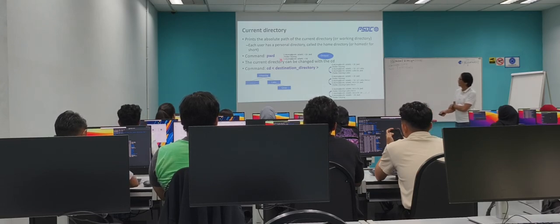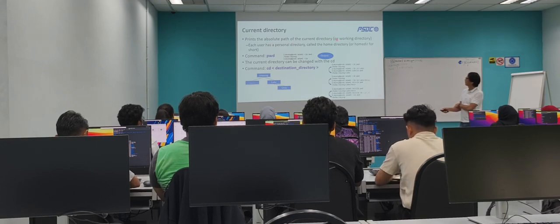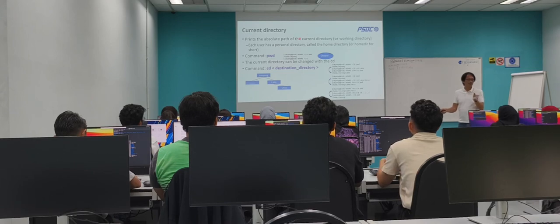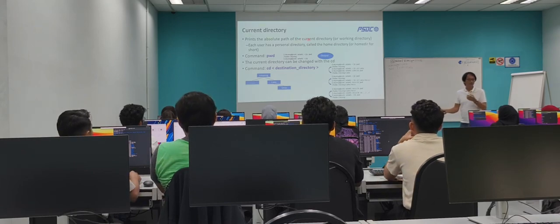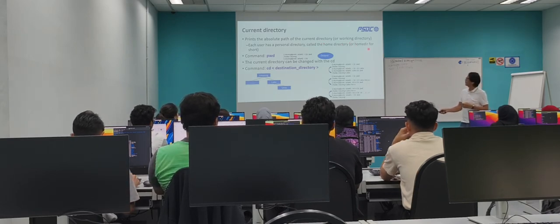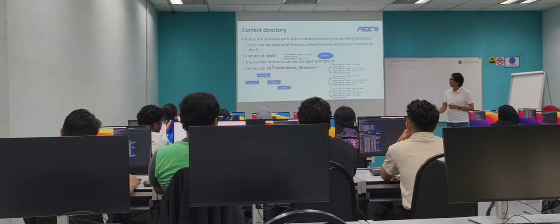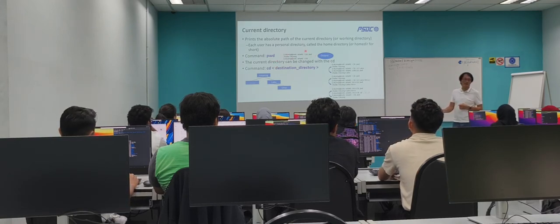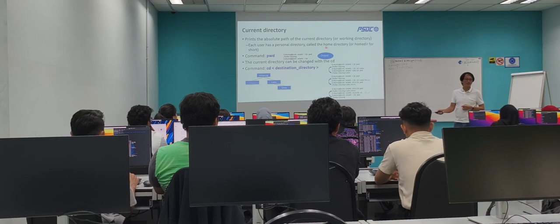Current directory: pwd prints the absolute path of the current directory. Each user, when logging in, defaults to their home. You have a personal directory, which is called the home directory. When you print this, it will show the home directory. For example, mine is /home with a specific username.